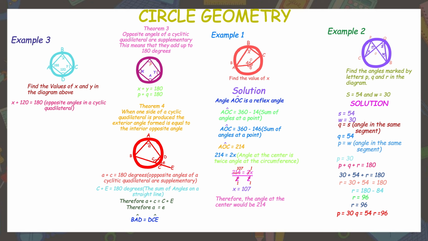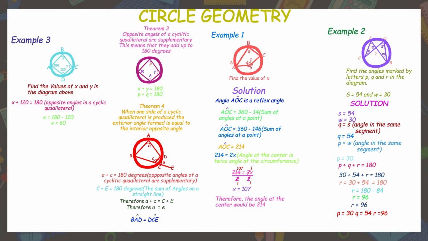Opposite angles in a cyclic quadrilateral. So that means that x is equal to 180 minus 120. So our x will give us 60 degrees.